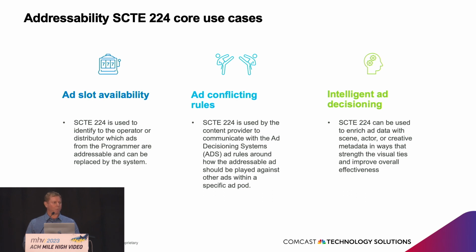It also can help with ad conflicting rules, and Stuart will go into more of the technical details around how the ad decisioning system can determine which ads to be shown based on the ad conflicting rules that the content providers and the advertisers want to enforce. And then finally, kind of a future use case is really around intelligent ad decisioning.